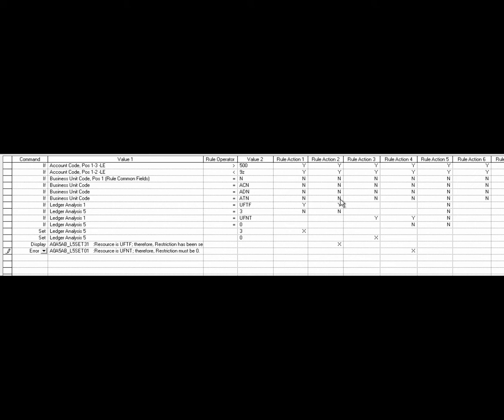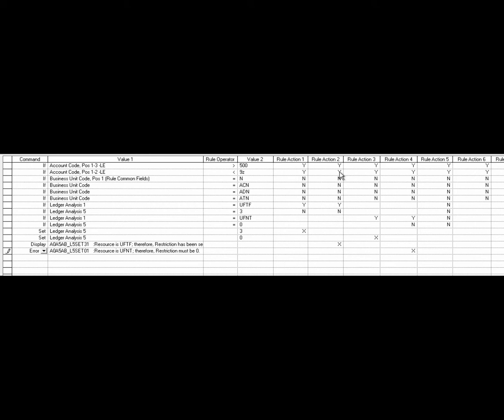So it's basically saying that if any of these business units, NGO, nonprofits over in ADRA, the ACN business unit, the ADN business unit, and the ATN business unit, if it's not any of those, then keep on working this rule. So if it's anything else, apply the rule. That's what we're trying to do.